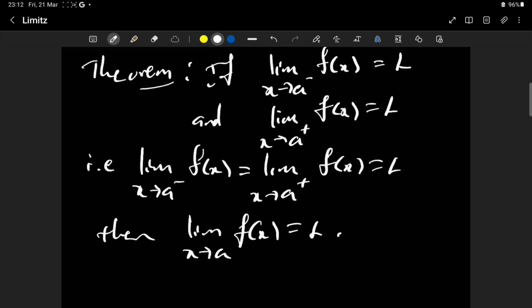And whatever they are equal to, that is what the limit equals.